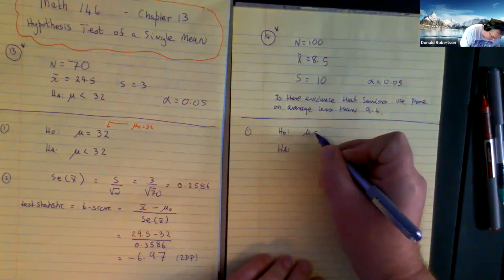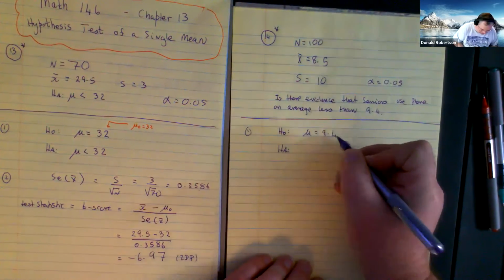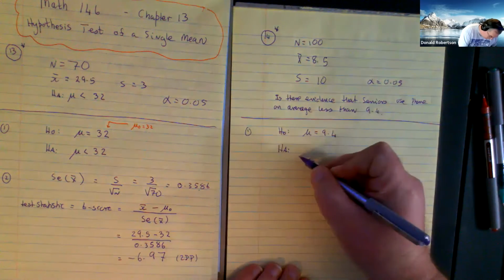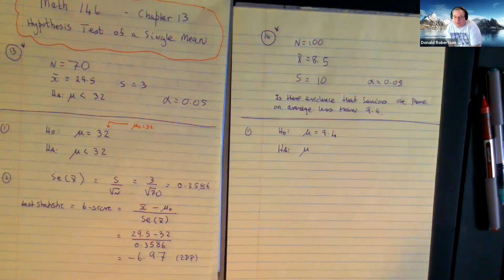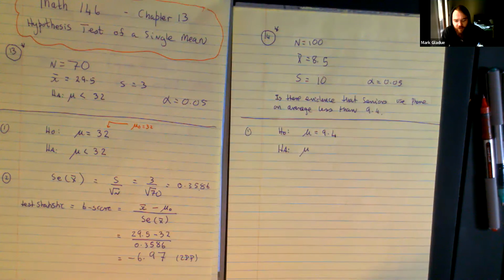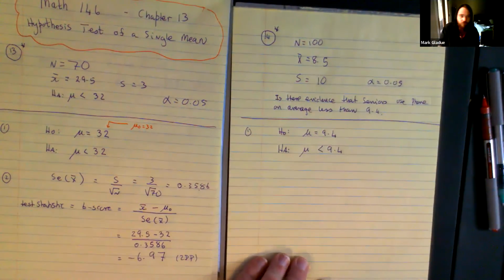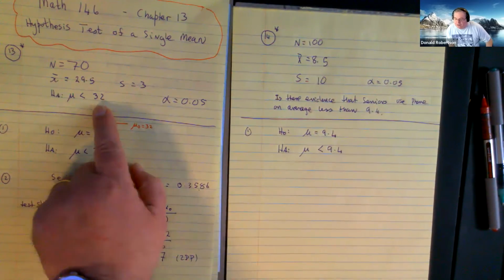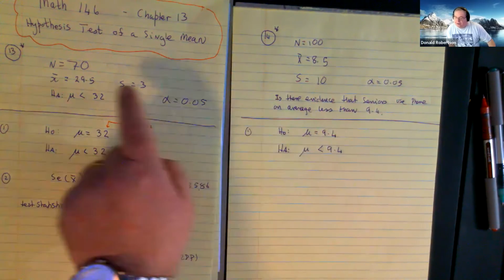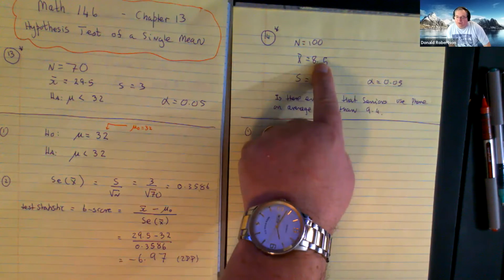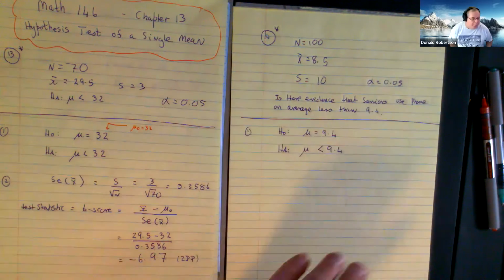So the null hypothesis is it's still 9.4 for seniors. What's the alternate? What are you trying to prove? Mu is less than 9.4. So it's very similar to the tire story, isn't it? It's another one of those prove it's less than something. Does that make sense in the data? Yeah, they do 8.5, this is 9.4.